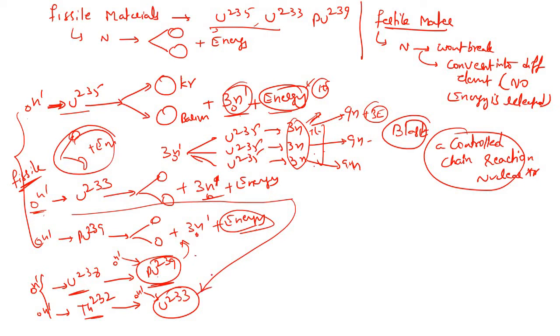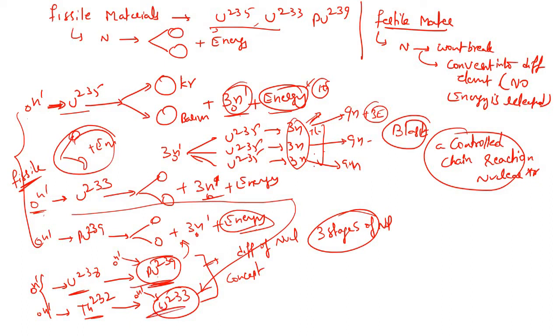So we will use these concepts in different stages of our nuclear program. As India has 3 stages of nuclear program, in different stages we will use this concept. India has almost 25% of world reserves of thorium and very little uranium.